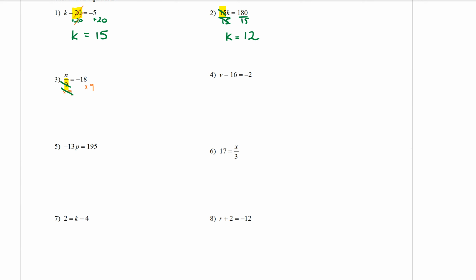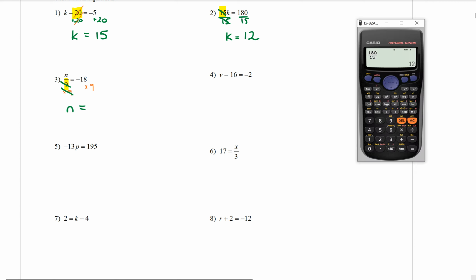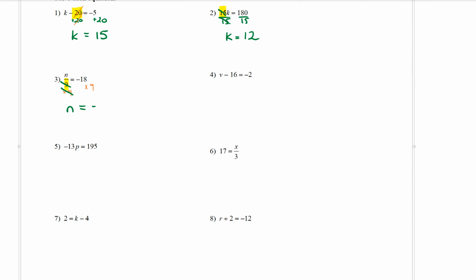N is now by itself, and we have to times the negative 18. Negative 18 times by 9 to get negative 162. Yes, please grab out your calculators.